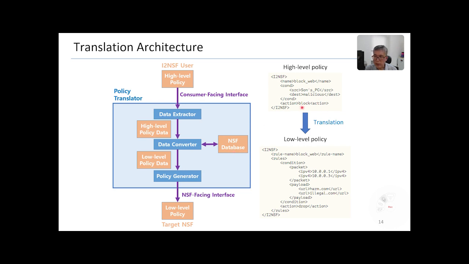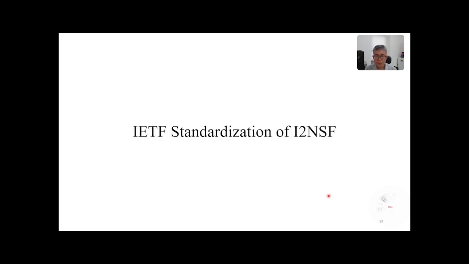A high-level policy like "my son's PC cannot access malicious websites" is translated into a low-level policy: my son's PC becomes my son's device's IP addresses, and the destination malicious website is translated into the specific ham.com malicious and illegal.com sites.